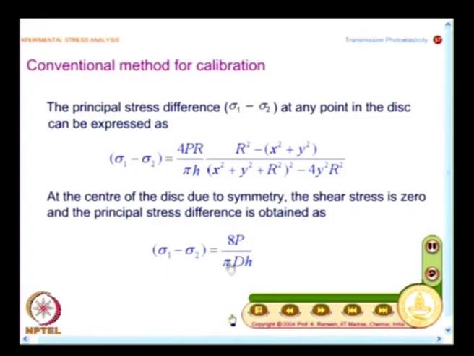I wanted you to replace r as d by 2, and from the stress optic law we know the expression of sigma 1 minus sigma 2 in terms of fringe order and material stress fringe value. The focus here is not to find the stresses at the center of the disk, but to find the material parameter.